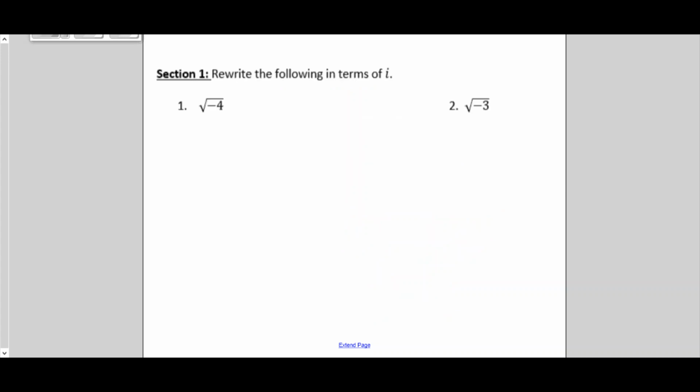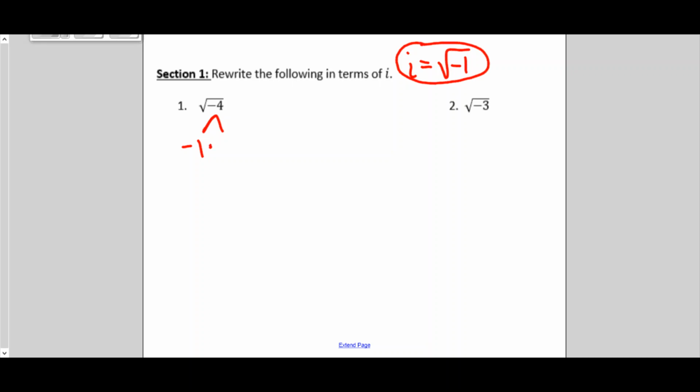So section 1, rewrite in terms of i. So we're going to use the fact that i is the square root of negative 1. So when we rewrite this in terms of i, for example, in number 1, we have square root of negative 4. Whenever there's a negative in there, you're always going to pull out a negative 1 because we know the square root of negative 1 is i.